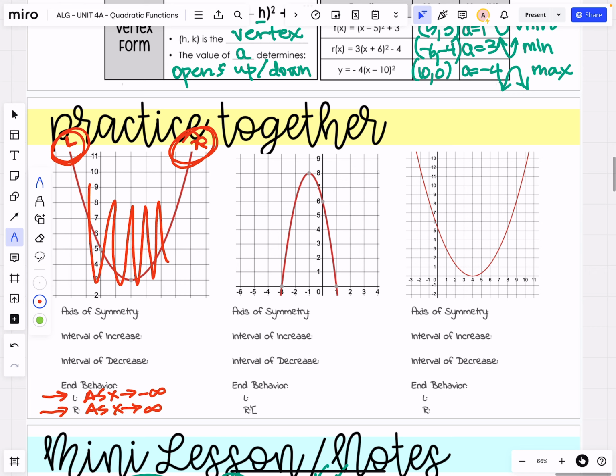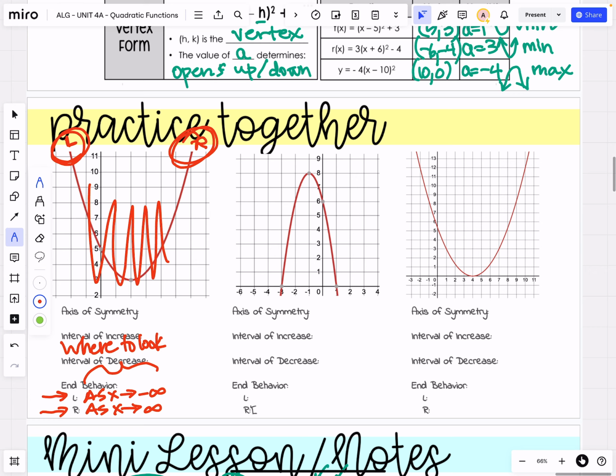Now this doesn't tell us anything about what the graph is doing. This is just telling us where to look. The second part of the statement is going to be, what is the graph doing?